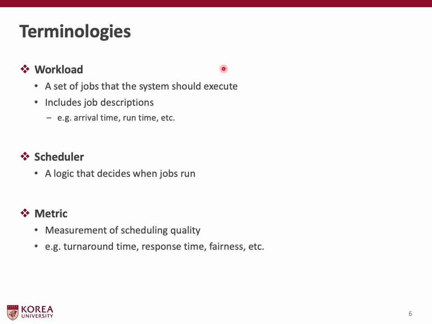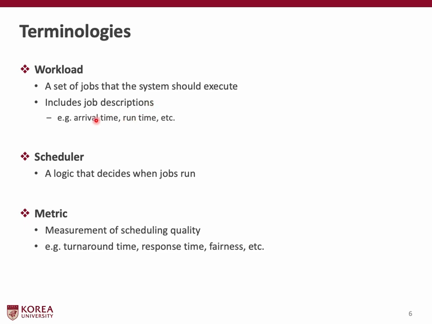Okay, then this time, let me introduce some terms related to scheduling. First, when we talk about scheduling, we often use the term workload. Workload refers to the set of jobs that the system needs to execute. Then, what exactly is a job? You can think of a job as a process, and workload usually includes a description of each job. In other words, metadata about the job's behavior.